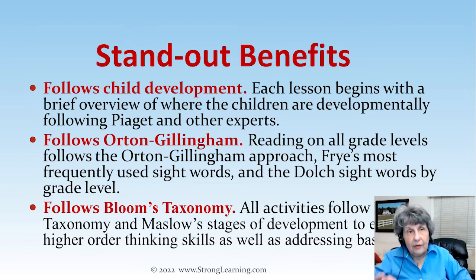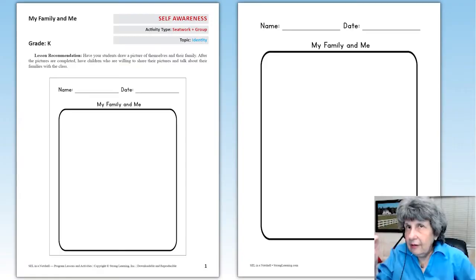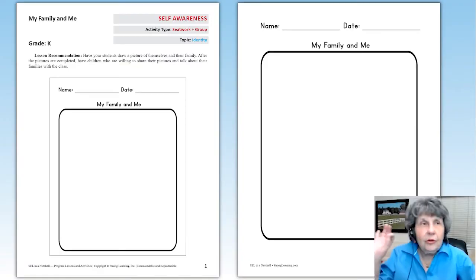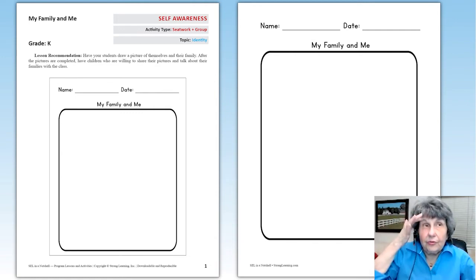And finally, I followed Bloom's taxonomy and Maslow's stages of development. We have K through 5, and for every level, there are 40 lessons that you can download. So when you get the program, you get 240 lessons, 40 for every grade level.